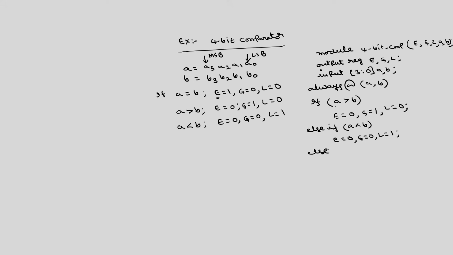Else, the only possibility is, if these two are false, then A is equal to B, E is equal to 1, G is equal to 0, L is equal to 0, end module. So, this is very much simplified, and if you take structural level or gate level modeling, it contains many statements and the Verilog code is very much complicated.